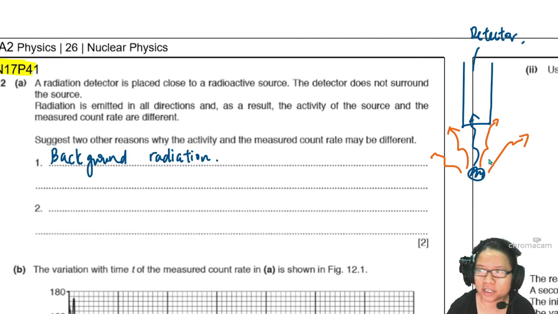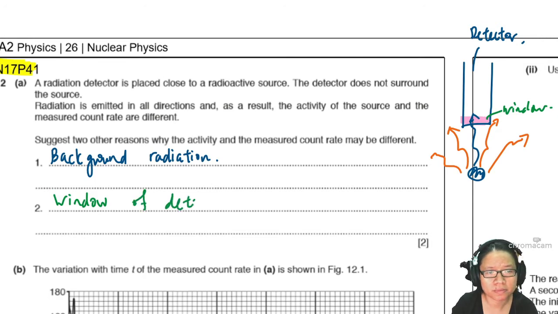You could say that the window of the detector, there's a mica window here, may absorb some radiation.